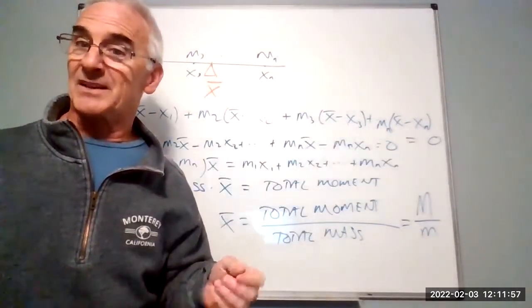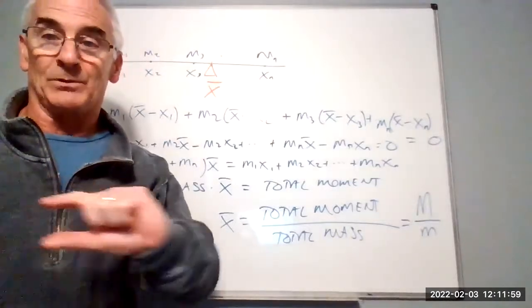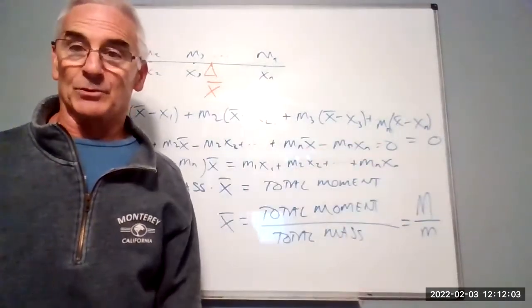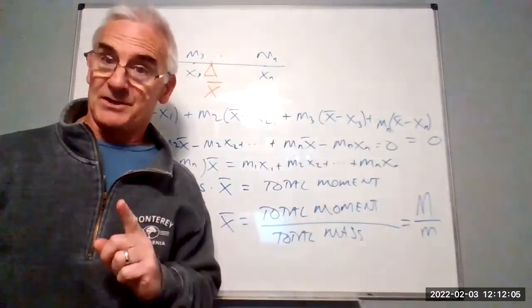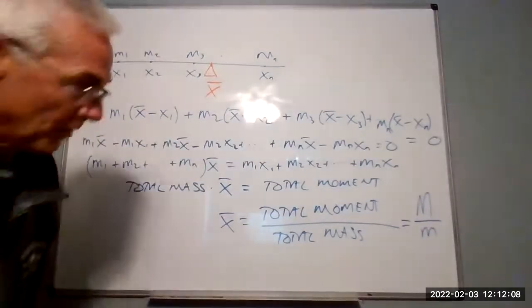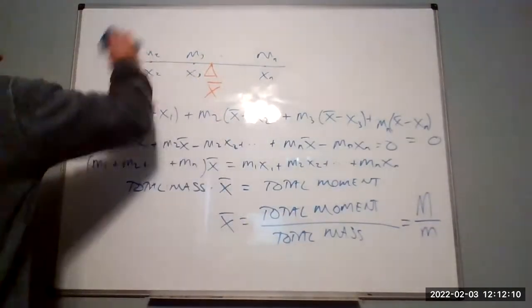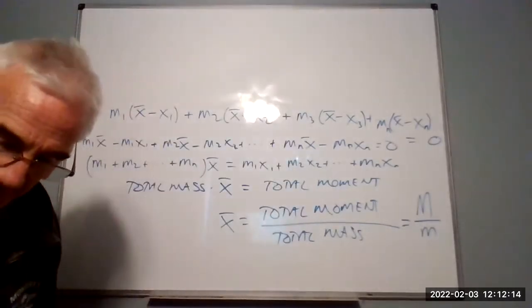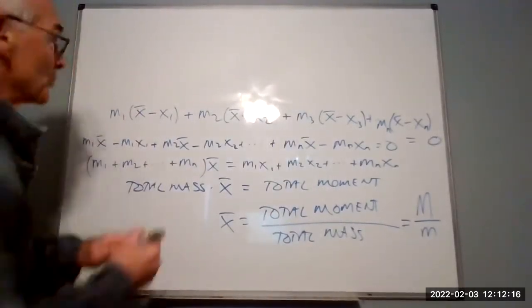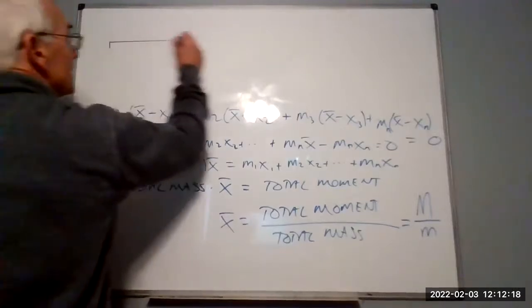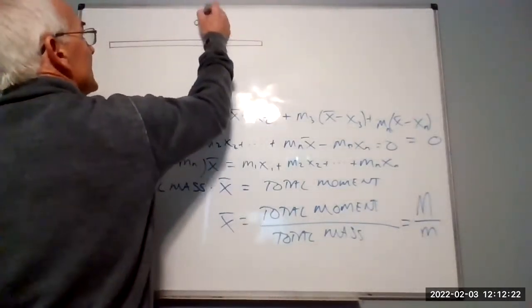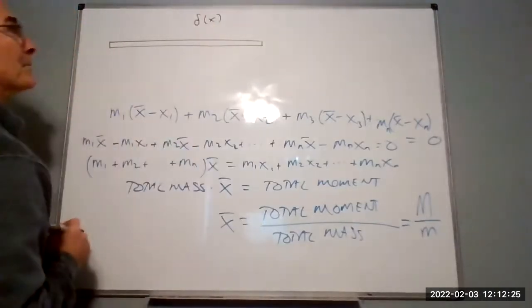Last day, remember, we said, what if the mass is variable, or I should say the density is variable? What if it changes throughout? Then that requires integration. But that's still not a hard concept. So let me get rid of this picture and go to the next picture we did, which was the thin rod with density delta.